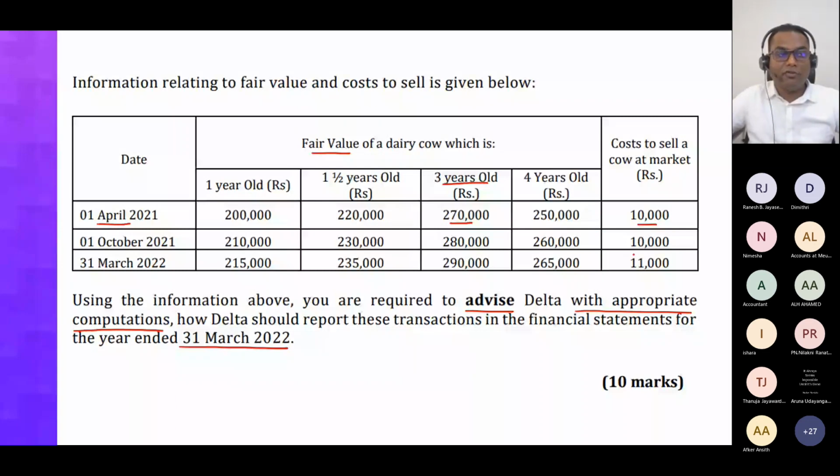Then tell me, what is the fair value less cost to sell of a 3 years old cow on 1st April 2021? 270,000 minus 10,000, it is 260,000.